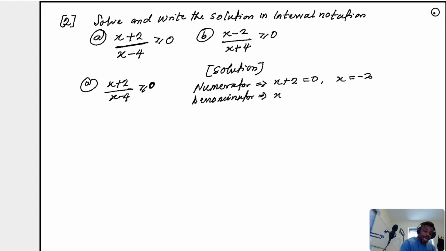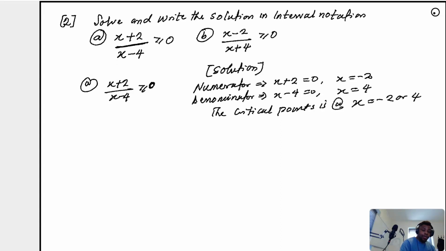So the denominator x minus 4 is equals to 0. That is x is equals to 4. So the critical points are at x is equals to minus 2 or 4. That is step 2. Now, step 3 will represent this on a number line.